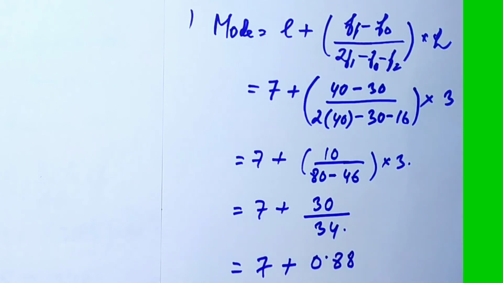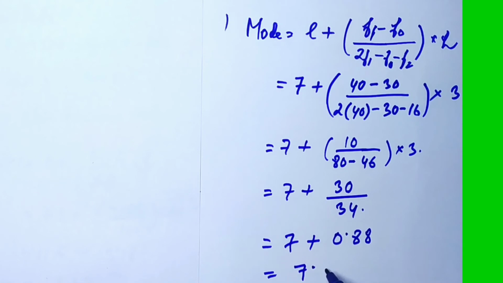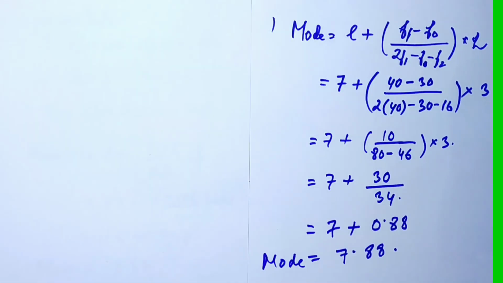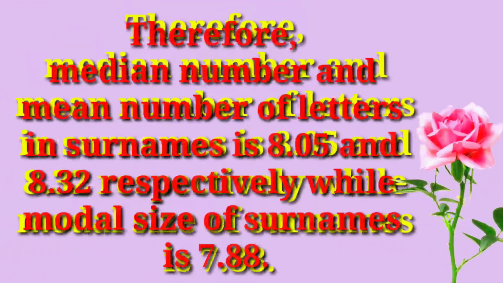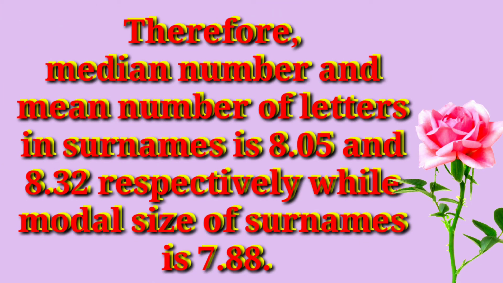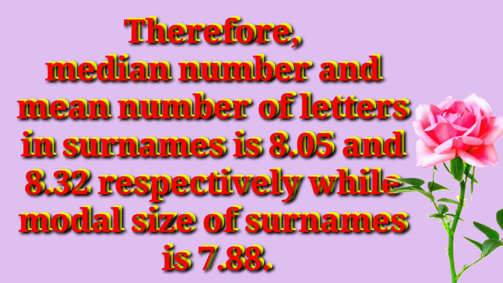So this will be equal to 7.88. Therefore mode is 7.88, where we can say that median number and mean number of letters in surname is 8.05 and 8.32 respectively, while modal size of surname is 7.88.